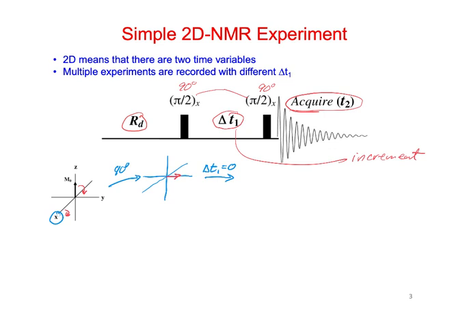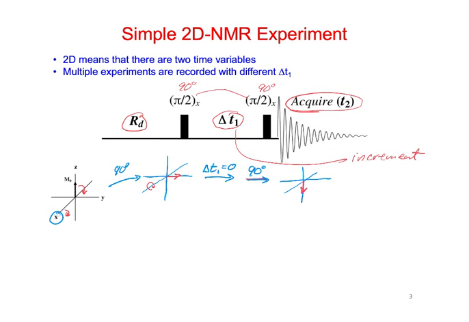So T1 is 0. We're going to do another 90-degree pulse around the x-axis. What that's going to do is rotate it around here, so it's going to tip it down into the minus z direction.